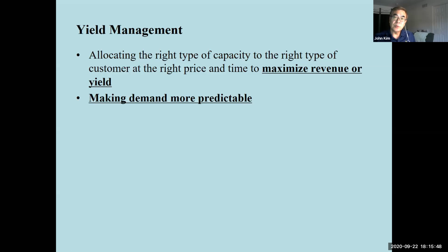And we can also use this yield management to influence customers. It means allocating the right type of capacity to the right type of customer at the right price and time to maximize revenue or yield. Using this yield management, we can make demand more predictable.